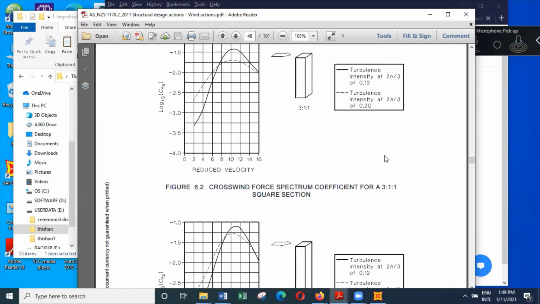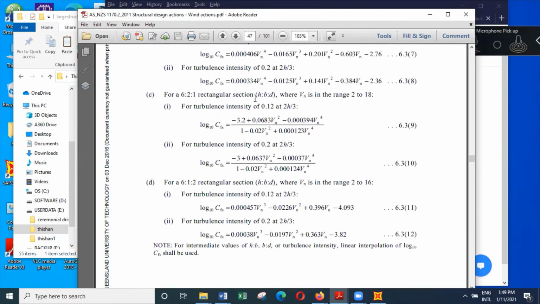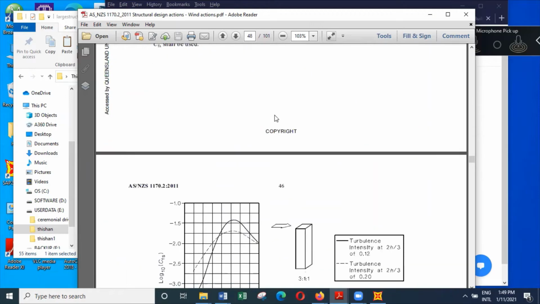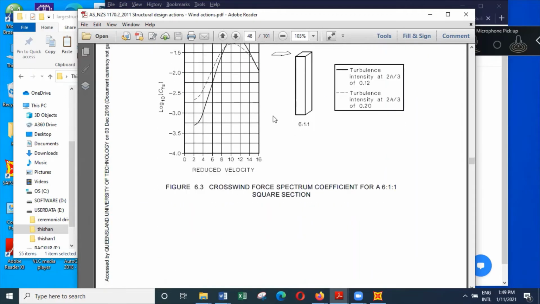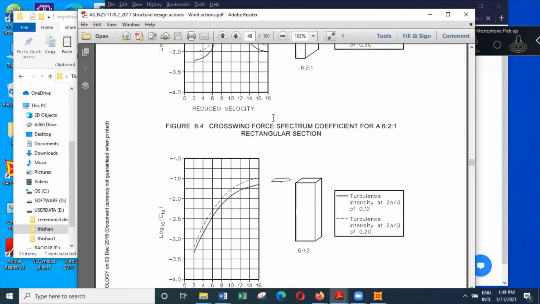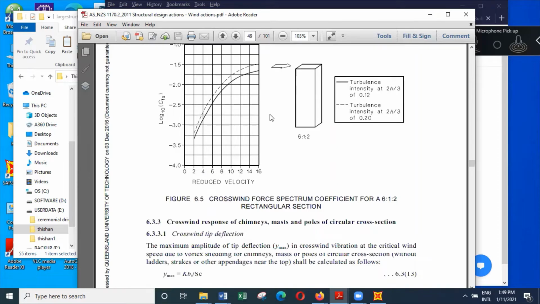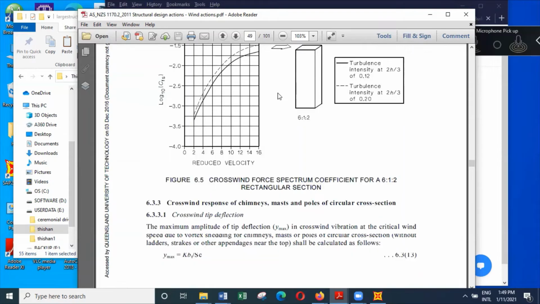All those equations have been converted to graphical form as well. So here you get long equations, but all those equations have been converted to graphical format like this, so you can just get the values from charts rather than doing all the calculations.